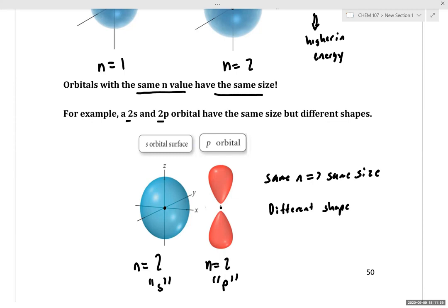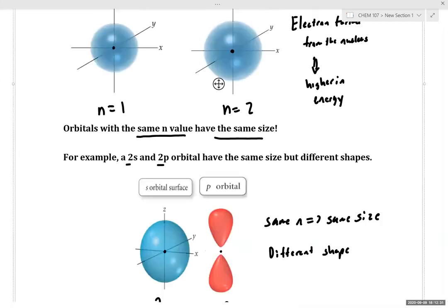Does that make sense? Does this make sense to everyone? So n controls orbital size, the distance of an electron from the nucleus.